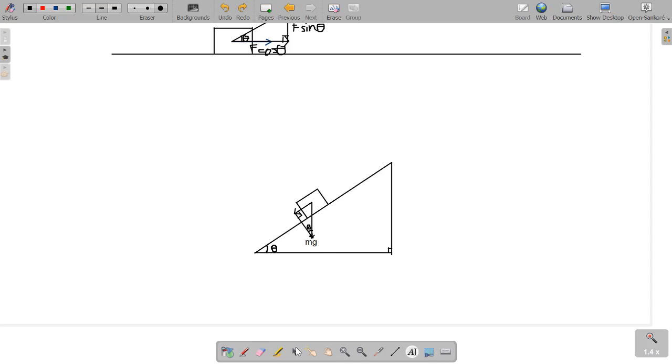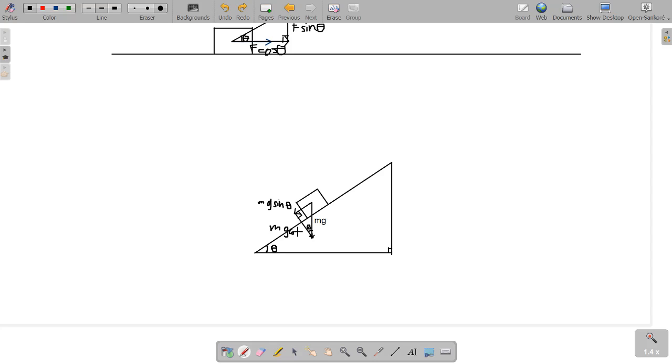Yeah, this is mg. Then this will be mg sine theta, and this mg cosine theta.